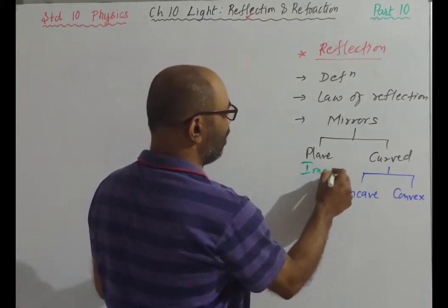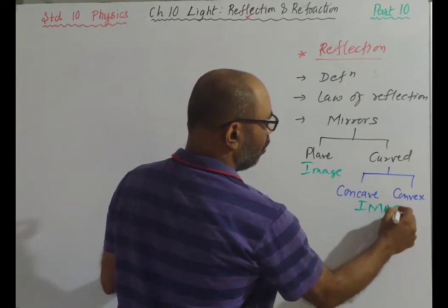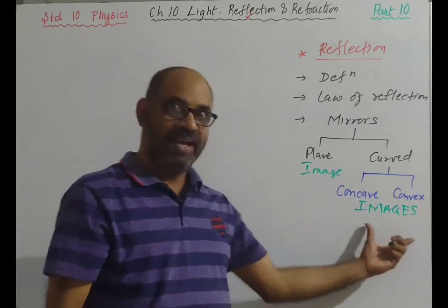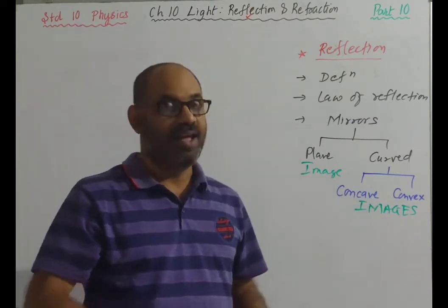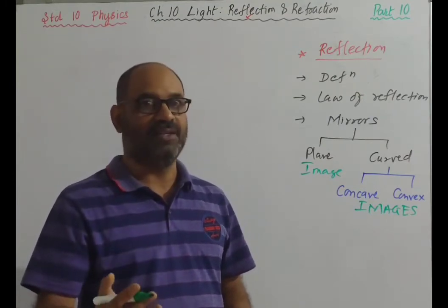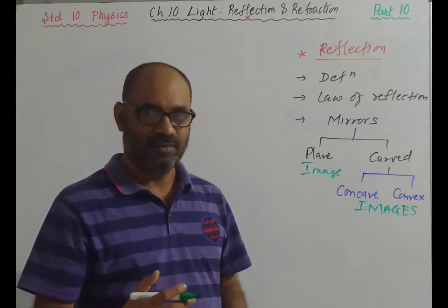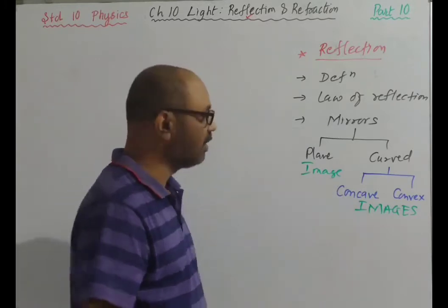How does a plane mirror form an image? How do the concave and convex mirrors form images? We place the object at different positions in front of these mirrors and then observe the nature of the image, the size of the image, and the position of the image formed when the object is placed in front of the mirror.